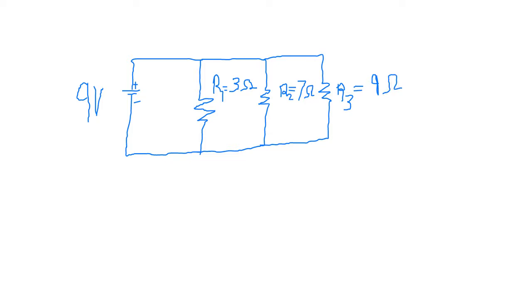All right, so what do we need to do to solve this problem? What is R total? What is I? We know V is equal to 9. So what is R total? What is the total current?